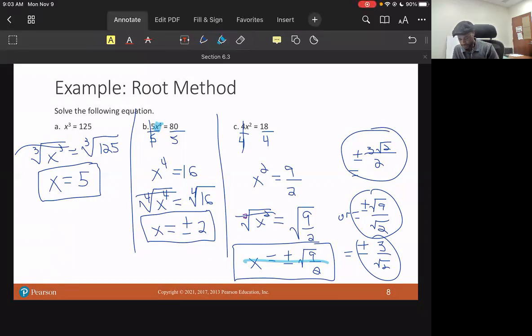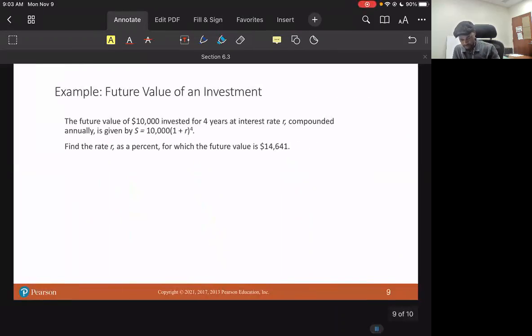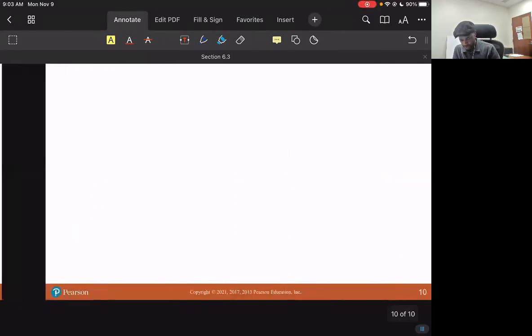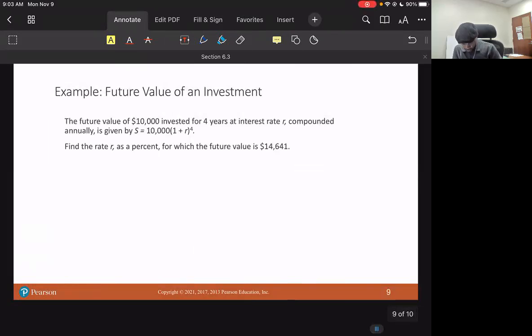Okay, and then, all right, so there's this application. We know the future value of $10,000 invested for 4 years at interest rate R compounded annually is given by S equals 10,000, which is your initial investment, times your compounding rate, 1 plus R raised to the fourth.